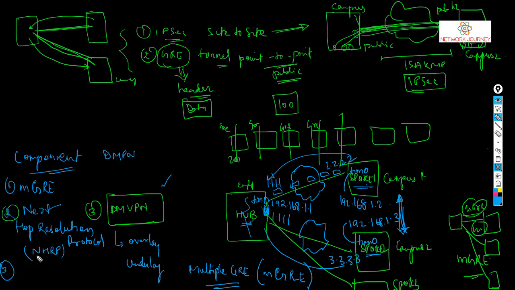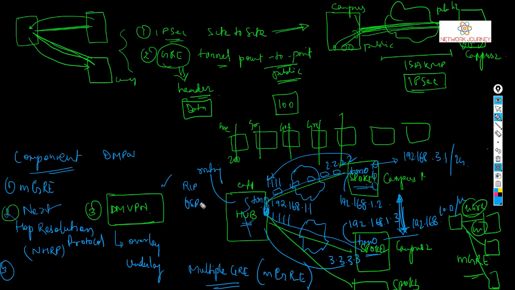So basically hub has to be activated with this protocol. What else do we need? We need a routing protocol. Where do we need it? Let's say this is a campus network whose private networks are 192.168.3.1 series, and the private network here is, let's say, 192.168.10.0/24. Now if this user wants to communicate to the users belonging to this campus, we need to have some sort of routing enabled here. Routing protocols like RIP, OSPF, EIGRP, BGP can all participate.